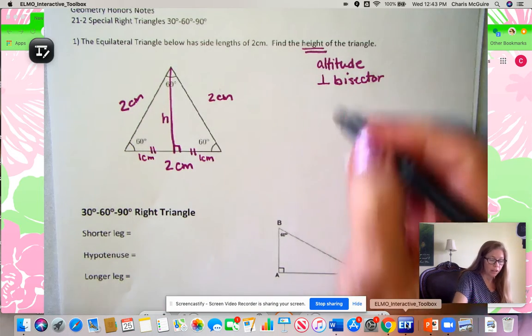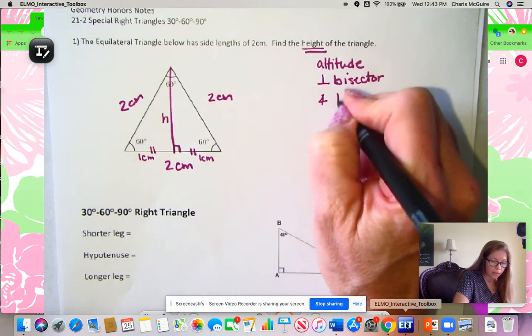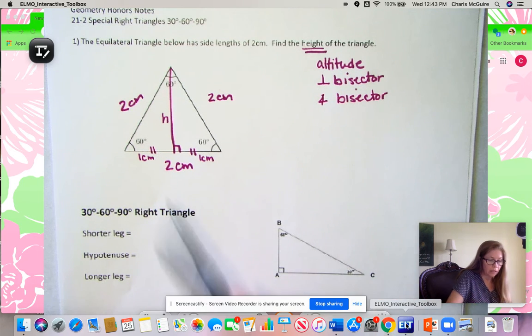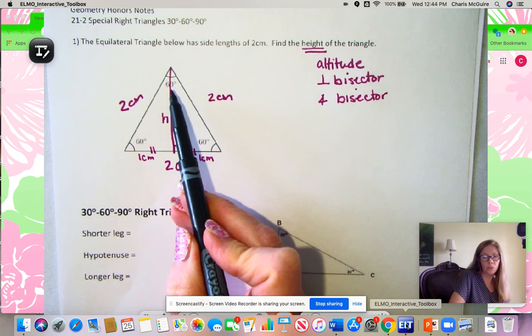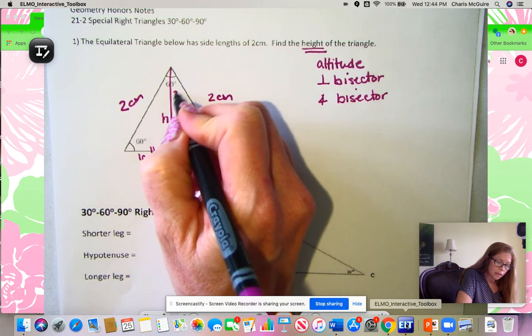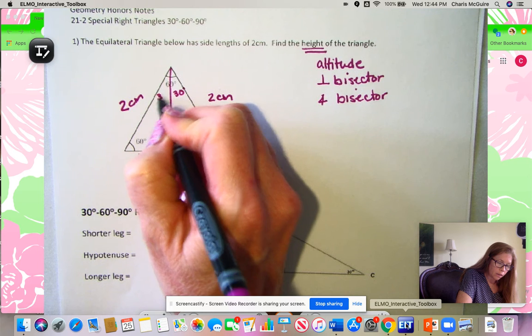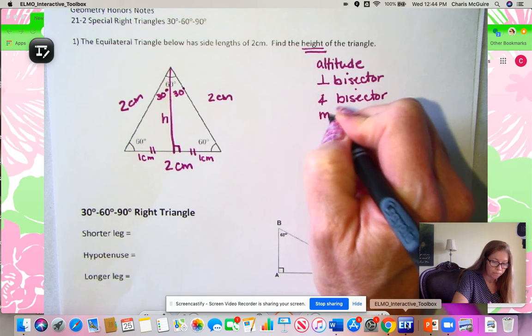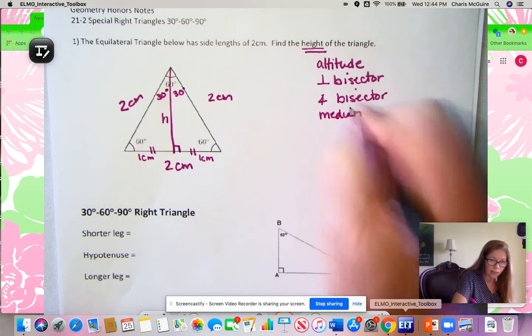And then we also have an angle bisector, which means that the angle here is being bisected. So this 60-degree angle is a 30-degree and a 30-degree angle. And then one other word, we kind of already used it in the perpendicular bisector, but it's a median. All right, that's good review for us.